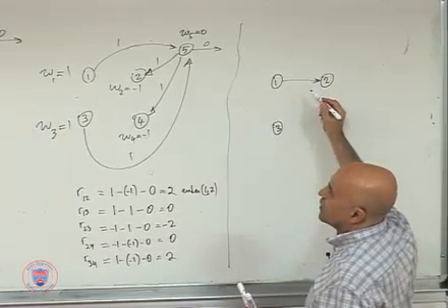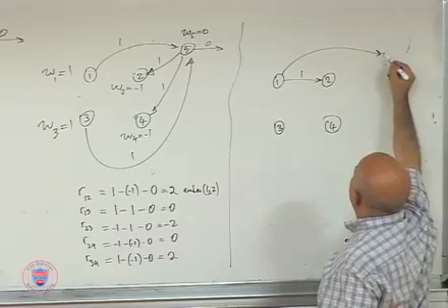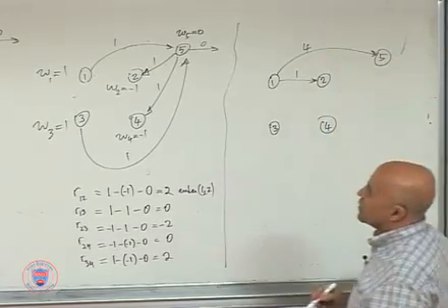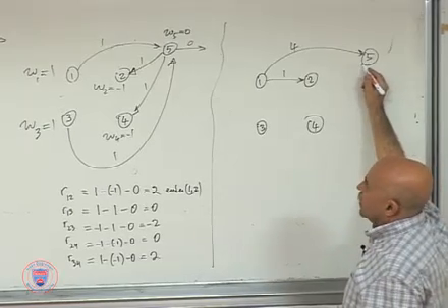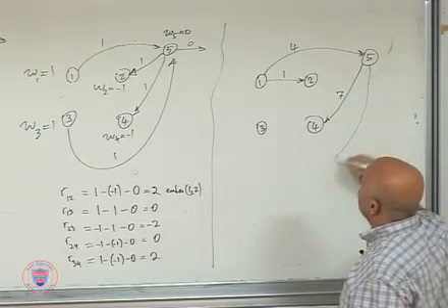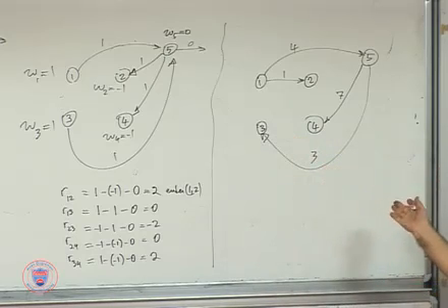You have this with a 1. You've got that one with 4 units. You've got 7 here, and you've got 3. This should be balanced because the old one was balanced.